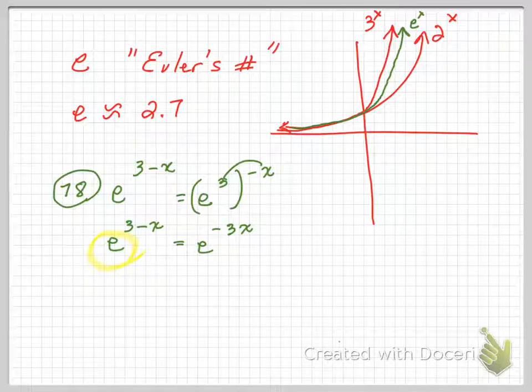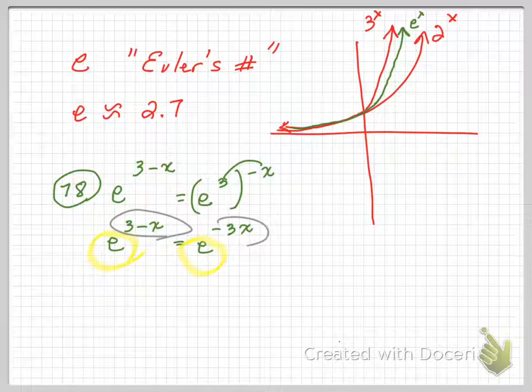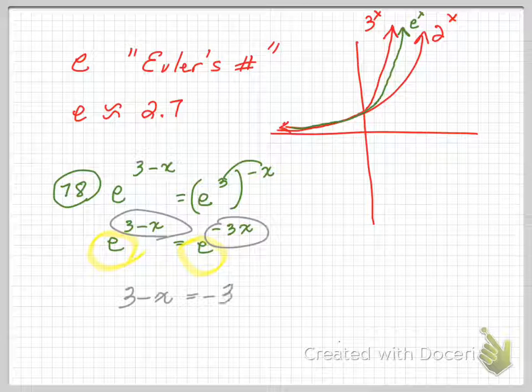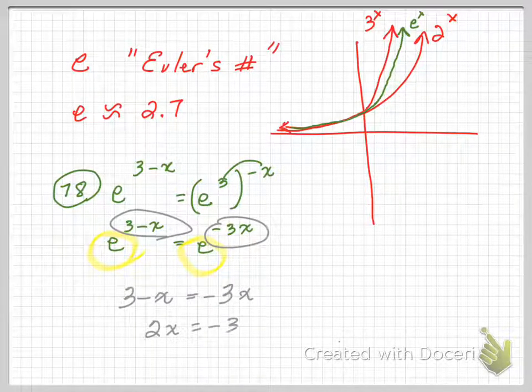Since bases are alike, we can set the exponents equal to one another. So we have 3 minus x equals negative 3x. And then we just solve. So we'll shift our x's to the left, constant to the right, and so we'll have 2x equals negative 3, so x is negative 3 halves.